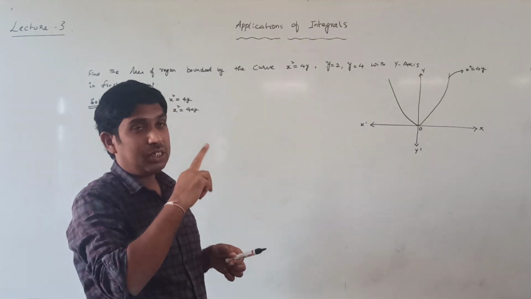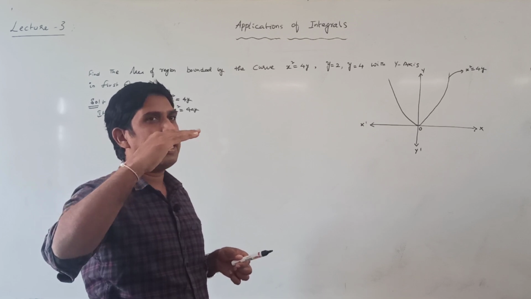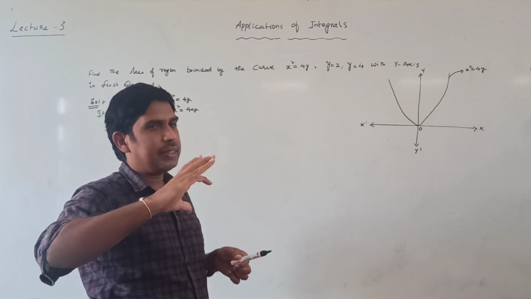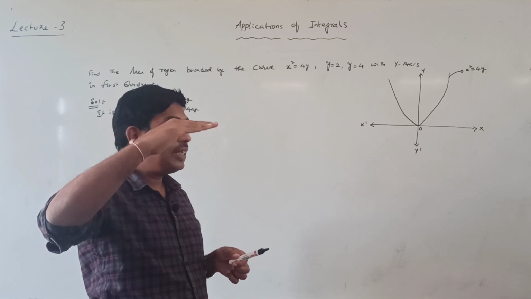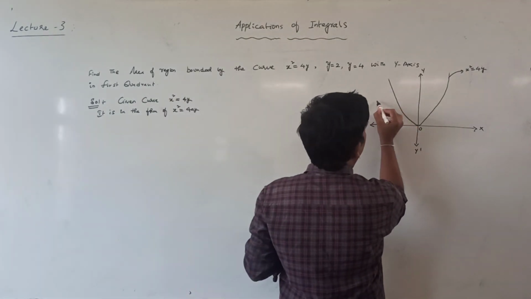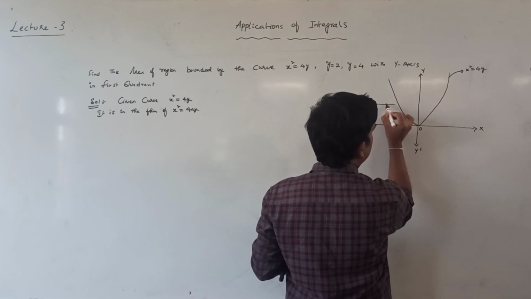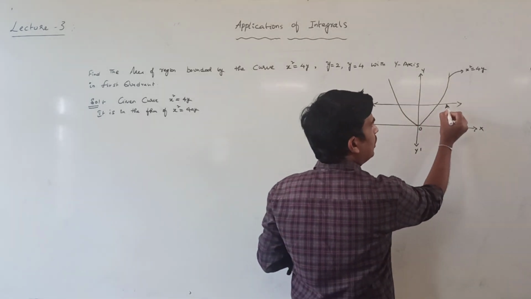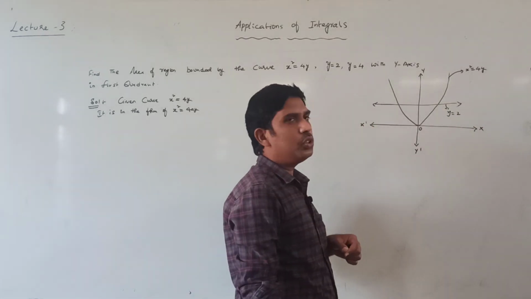A horizontal line is nothing but parallel to the x-axis. So the given equation represents a line parallel to the x-axis at a distance of 2 units above the x-axis. Therefore, I will draw it here above the x-axis at a distance of 2 units, like that. This is y is equal to 2.